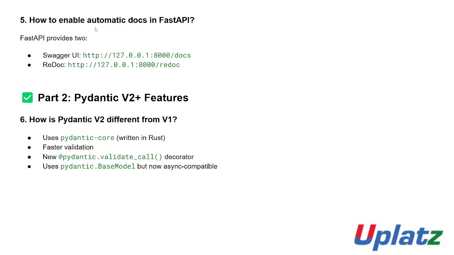5. How to enable automatic docs in FastAPI. FastAPI provides two, that is Swagger UI, at http://127.0.0.1:8000/docs.